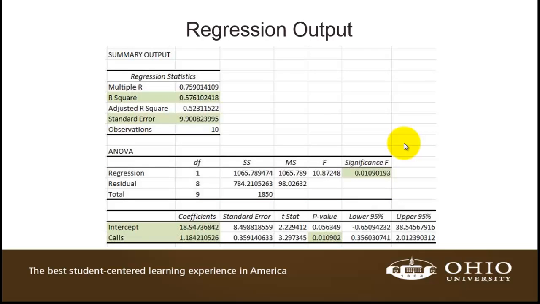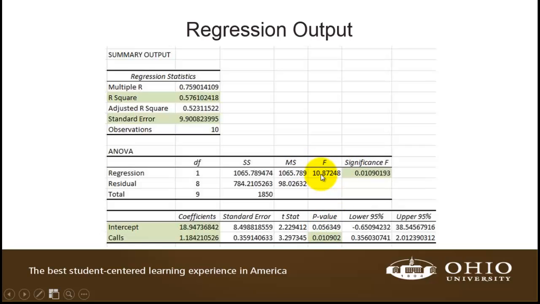Okay, this is the regression output from the copier example that we looked at just a minute ago. You can see the multiple R, that's the correlation coefficient. This is the R square value. Here's the standard error of the estimate. What we're really interested in though is the F test and the T test.